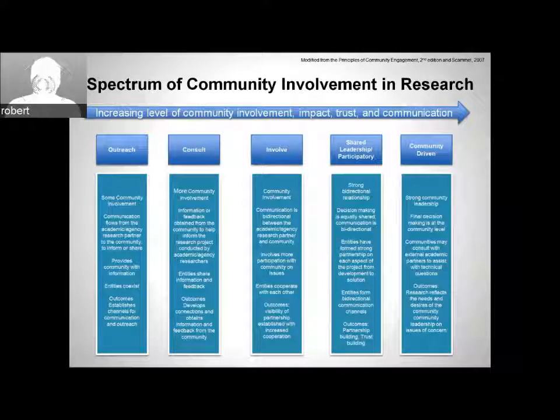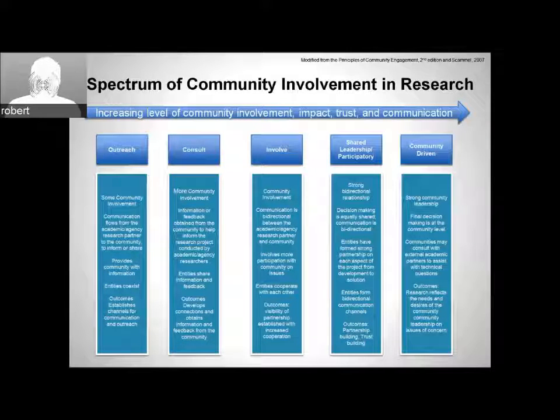As we go down the continuum, you'll see to consult, to involve, and now we get more closely related to community-based participatory research, which has a stronger bidirectional relationship. So what's happening here is that you're forming partnerships within the community, building trust, and hopefully having them more engaged in developing what your research is going to do and how it is going to function.